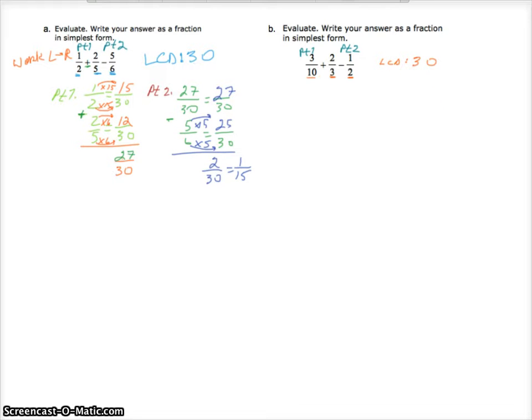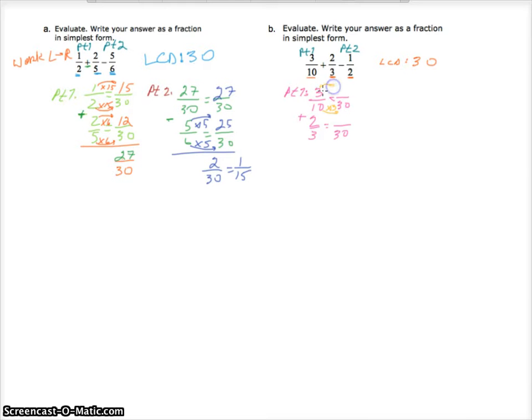All right, so for part 1, I'm going to have 3 over 10 plus 2 over 3. I've got to get these to a common denominator of 30. So from 10 to 30 is times 3.